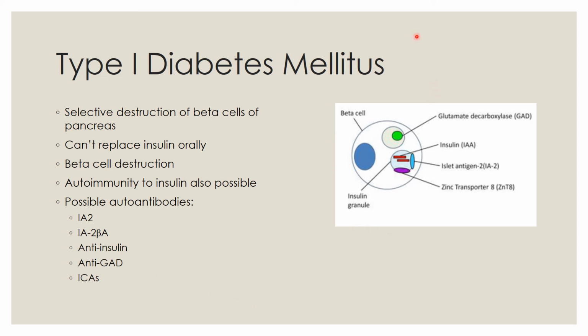You have insulinoma antigen 2 or IA2, insulinoma antigen 2B, 2 beta A, they have a whole bunch. The anti-insulin, the anti-GAD or glutamate decarboxylase.